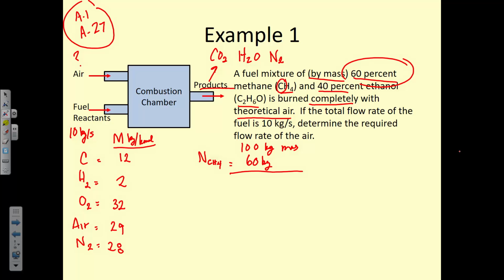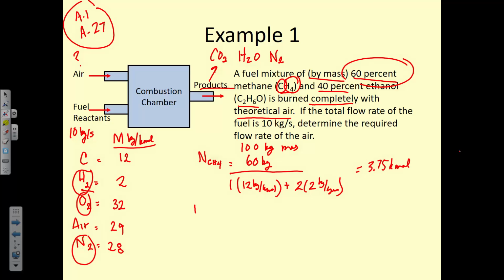So carbon, there's one of those times 12 kilograms per kilomole, plus H4, there's 2 H2s times 2 kilograms per kilomole. It's important to make that distinction with oxygen, hydrogen, and nitrogen that it's diatomic: if it's an H4, there's 2 H2s in an H4. Okay, so we find the molar number for that is 3.75 kilomoles.